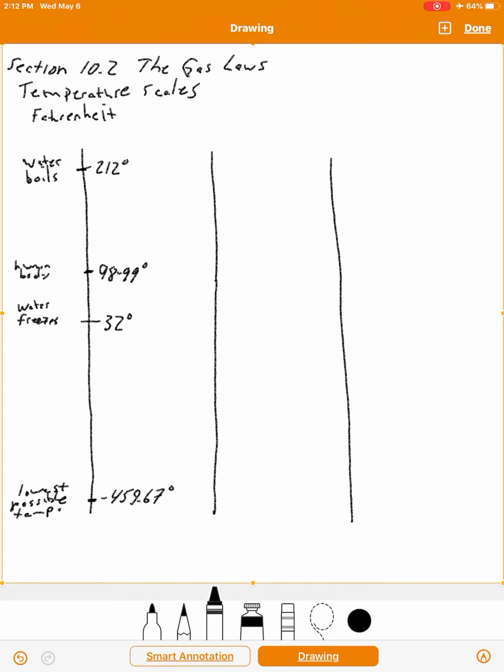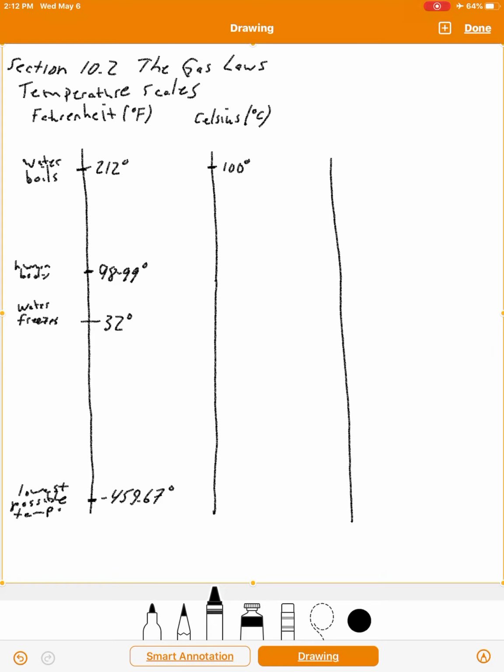Okay, lowest possible temperature, negative 459.67. Now there's another scale called the Celsius scale. Okay, and when we're talking about water boiling, that happens at 100 degrees Celsius. By the way, the little symbols we use are degrees F for Fahrenheit, degrees C for Celsius.